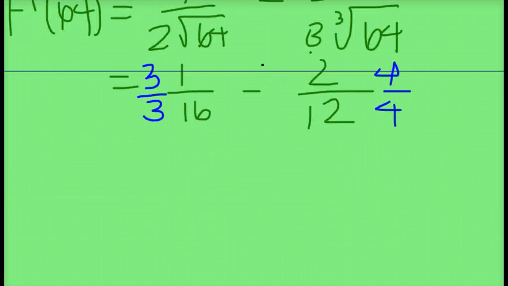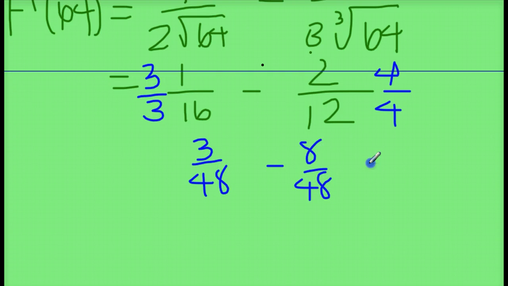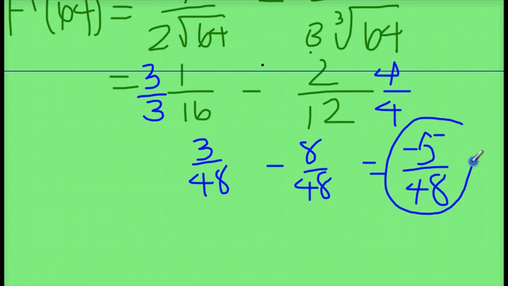And let's extend this page. So that would give me 3 over 48 minus 8 over 48, which gives us negative 5 over 48. So the slope of the line tangent at x equal to 64 is actually equal to negative 5 over 48.